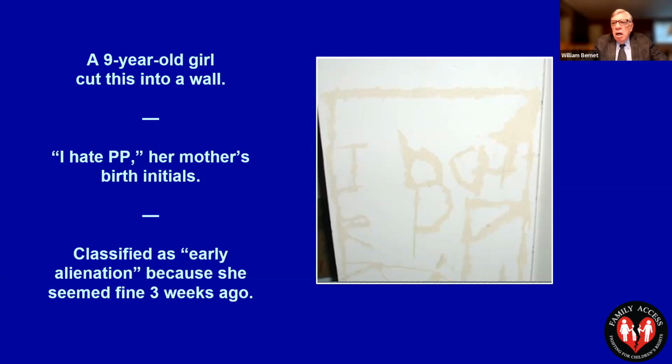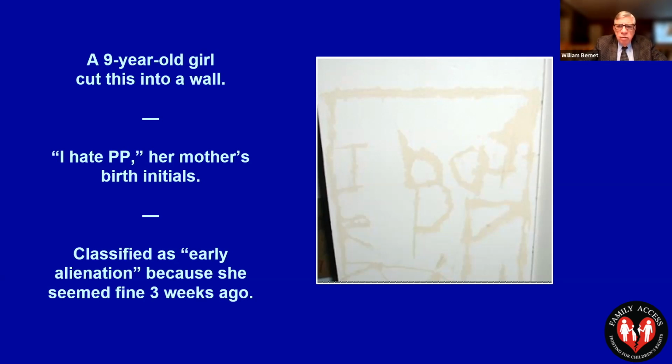Now, all I know about the history is that 2 or 3 weeks prior to this, the girl was fine, that she and her mom had a good relationship, and with the dad, I think she was doing fine. And I guess she was going back and forth. And suddenly the child is developing this animosity toward mom.